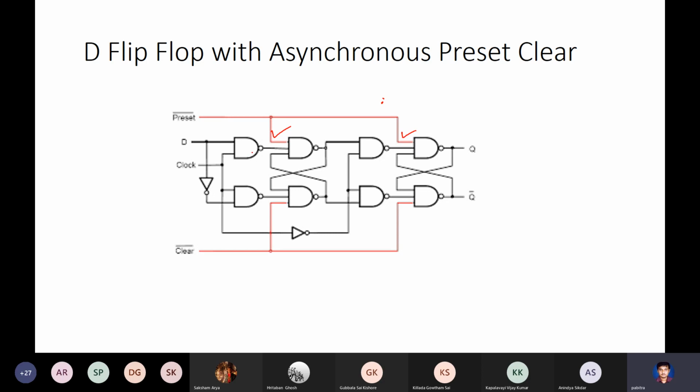Earlier there were clock and D, or clock and J K, or D because I have tied J and K, tied S and R. But now you have a third input to the latches, which is the preset and clear. And again, if you analyze the excitation table and the excitation equation, you will see that this preset doesn't depend on the clock, it can do it.